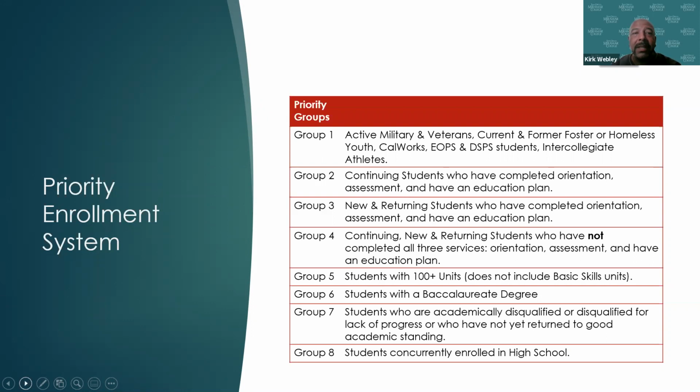Those 3 components become very important. It can be a day or 2, it could be a few hours, but it staggers the registration by even having those 3 components complete. Group 5 goes into our students with 100+ units.